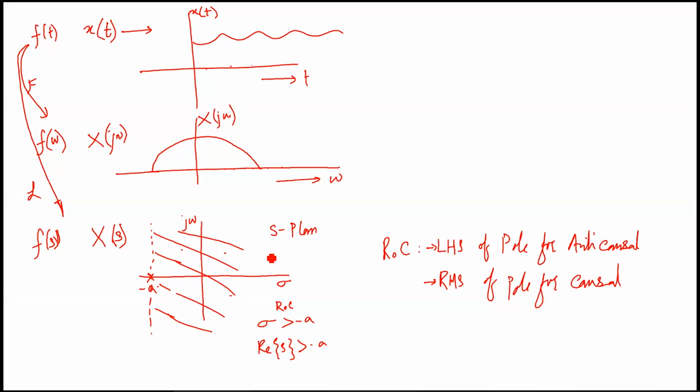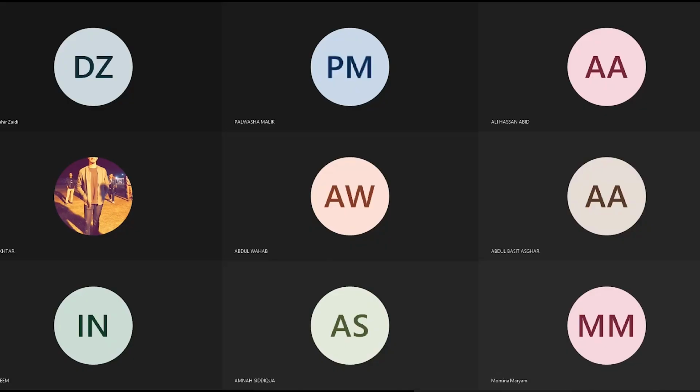So this is an important aspect of your Laplace transform. Rather, it is even more important than the expression itself. So coming back to our slide, let's see what we have in store there.